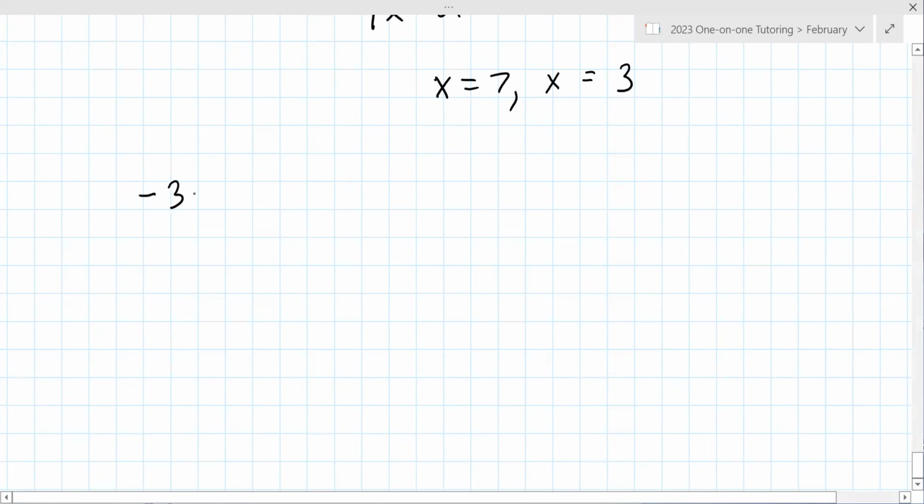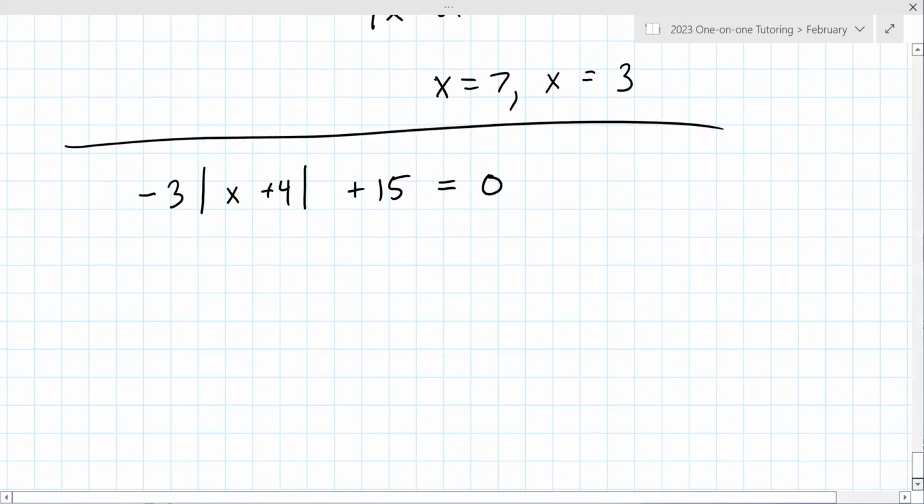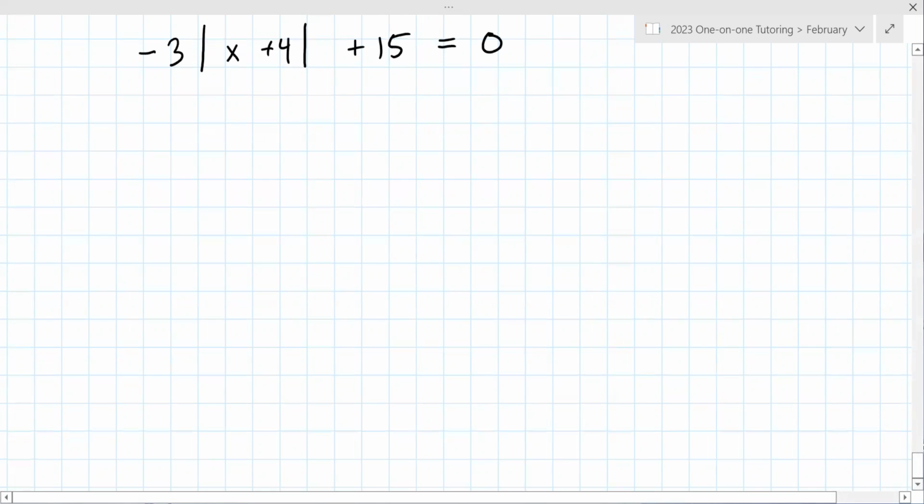Let's have you try another one here. Let's go -3 absolute value x plus 4, plus 15 equals 0. I'd like you to try solving this one. This may be our last one before we move on to factoring. Okay.